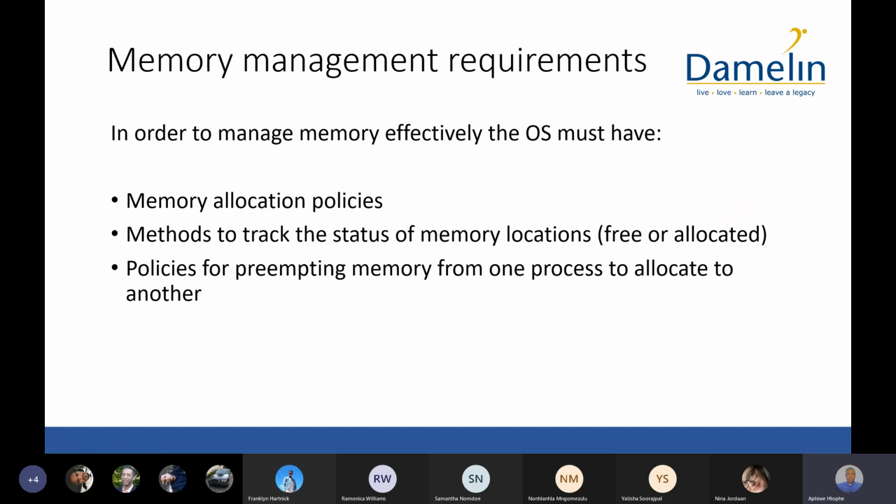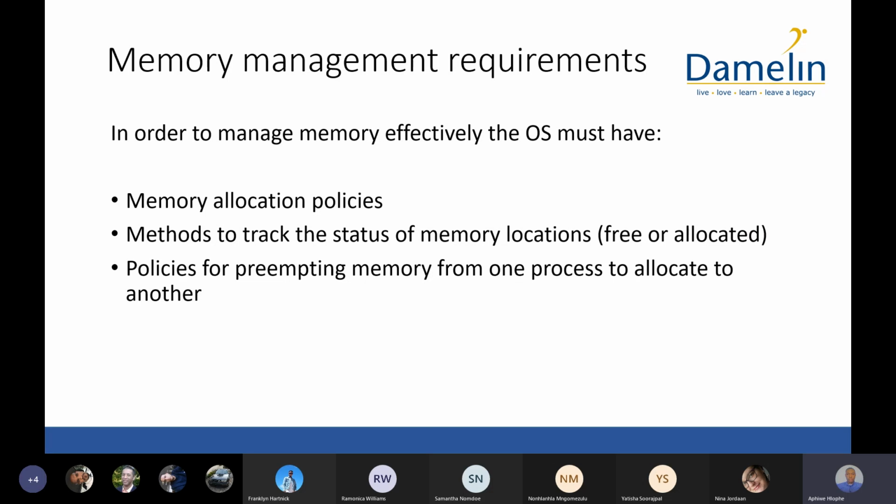So there are certain requirements that need to be met by the OS in order to implement memory management. In order to manage memory effectively, the OS must have memory allocation policies, methods to track the status of memory locations, so it should be able to track in the main memory what are the allocated frames, what are the free frames, and policies for preempting memory from one process to allocate to another.